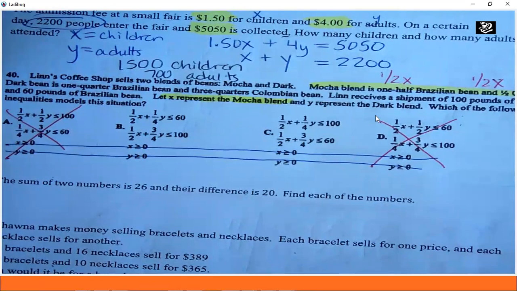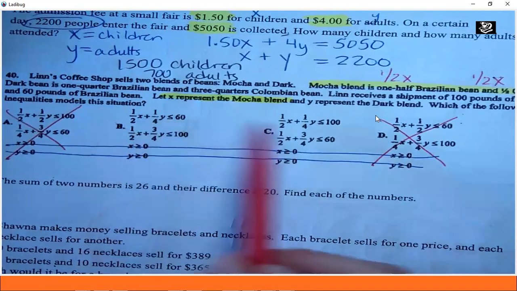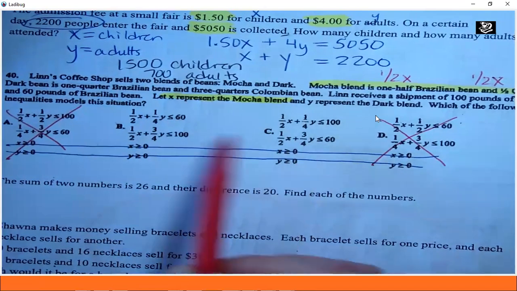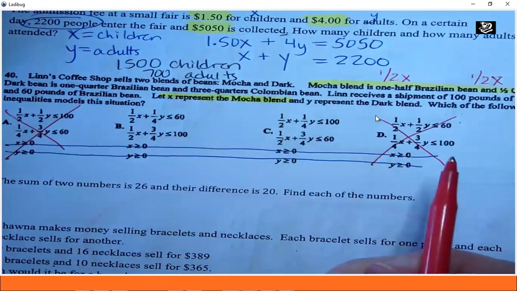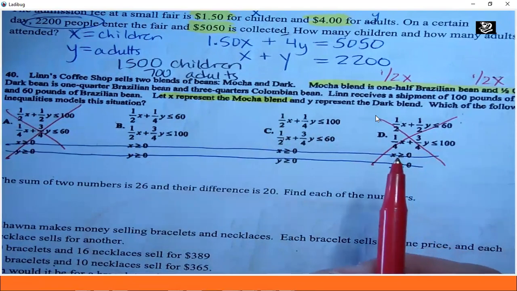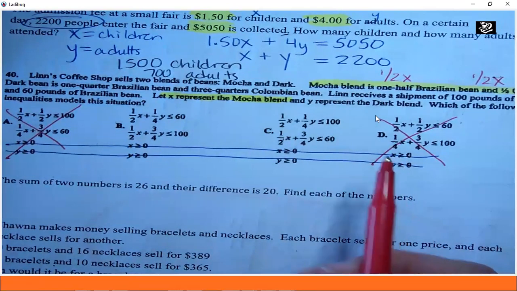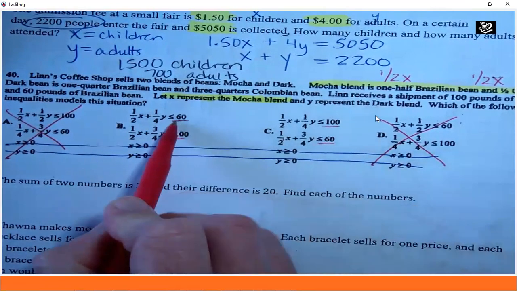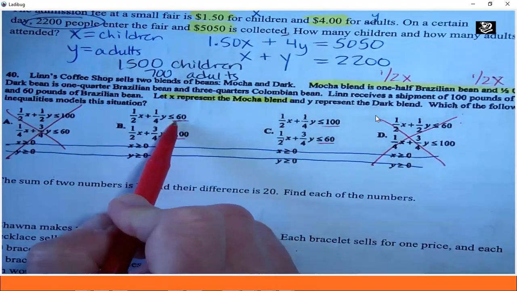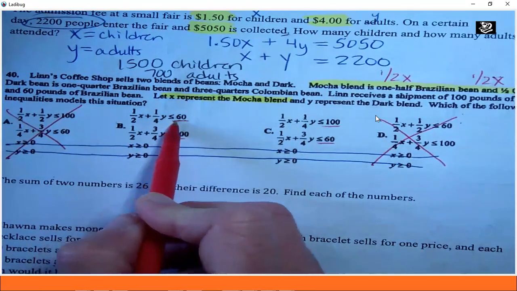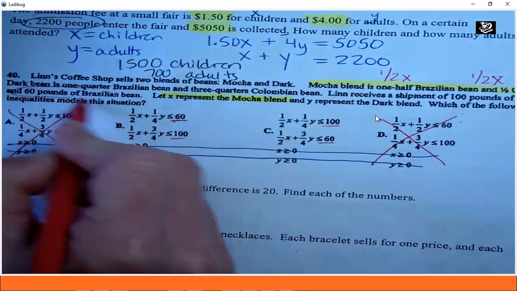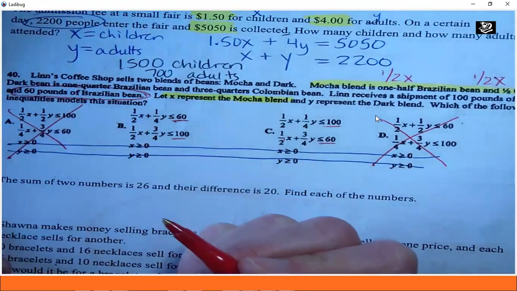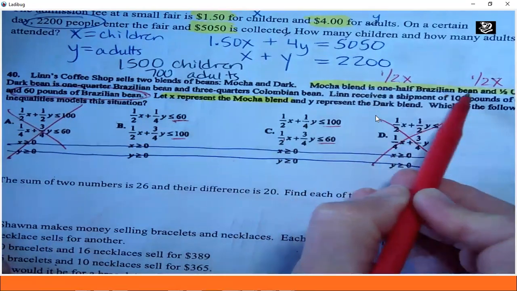Okay. The next one, let's see, they all match. They both have the 1/4 Y and the 3/4 Y. What's the difference between B and C? The 60. So let's talk about what the 60 is talking about. Somebody find the 60 in the word problem. All right, so it's talking about Brazilian beans. So we had 1/2 Brazilian bean.